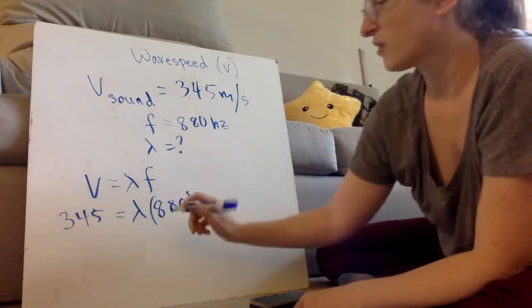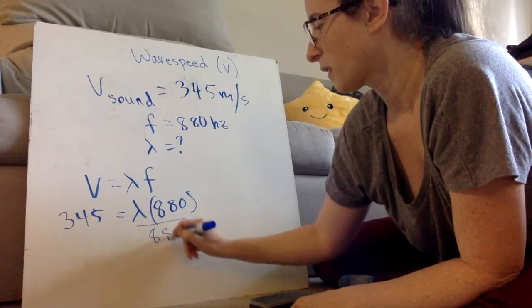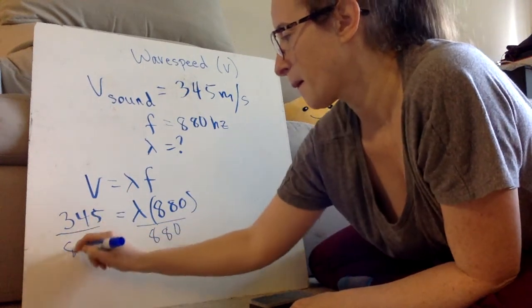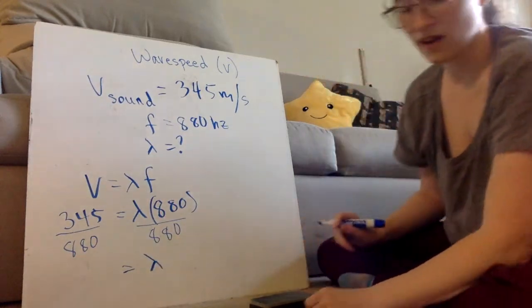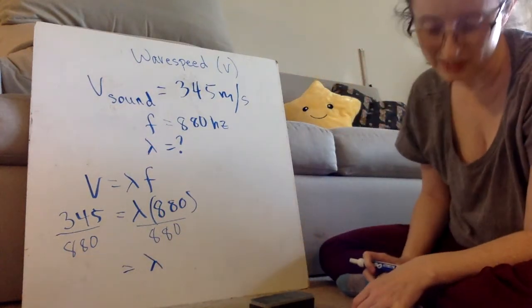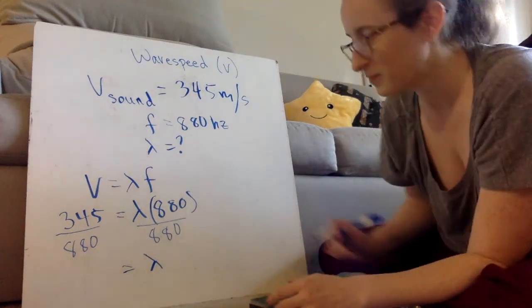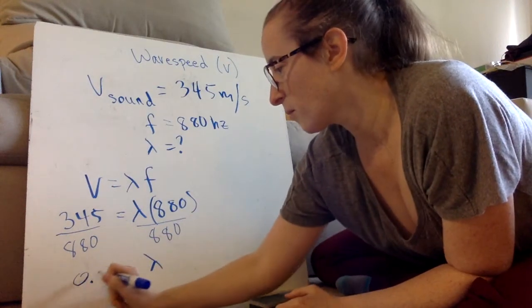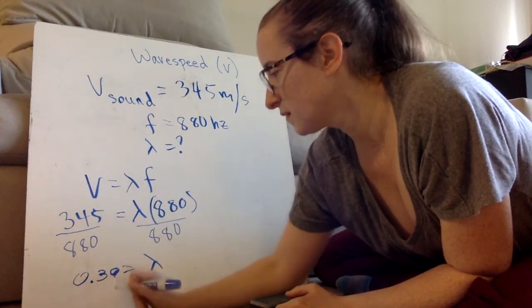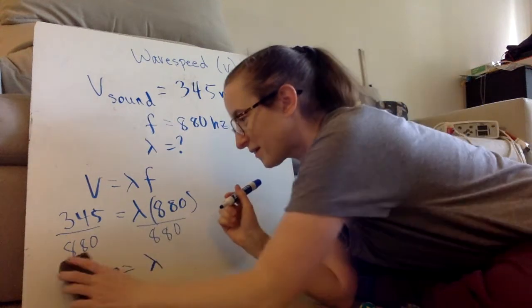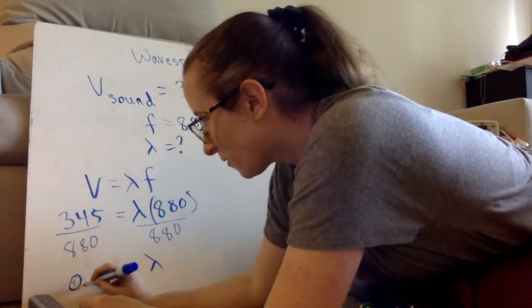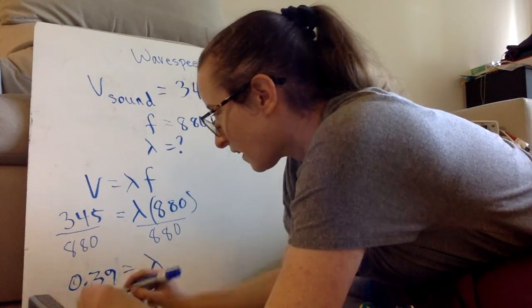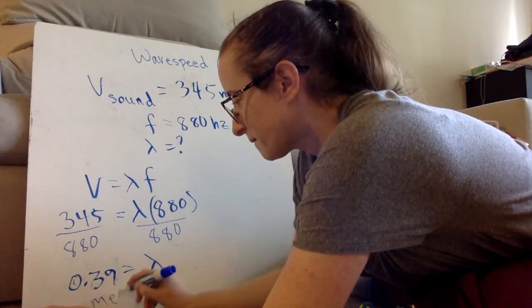Then we're going to divide both sides by 880, and we get our wavelength of, I already calculated this, if you put it into your calculator, 0.39 meters.